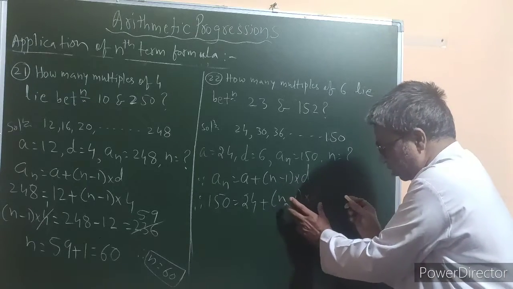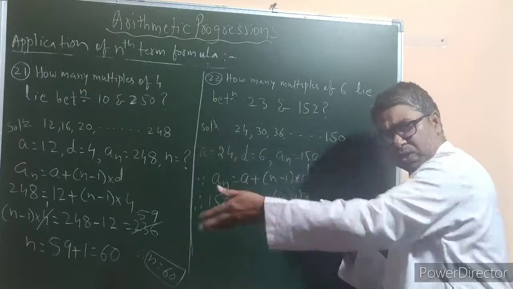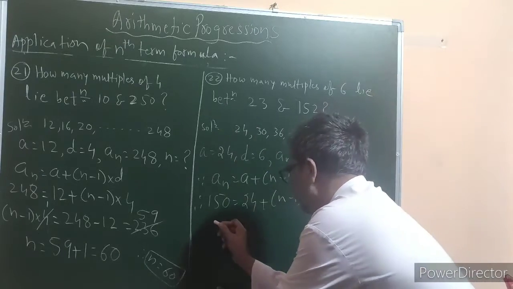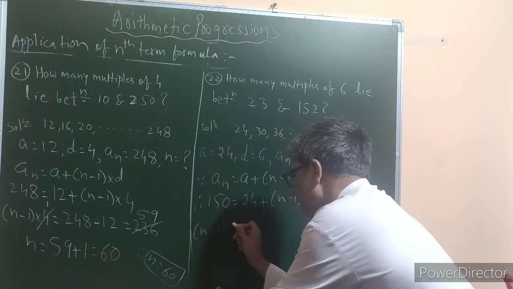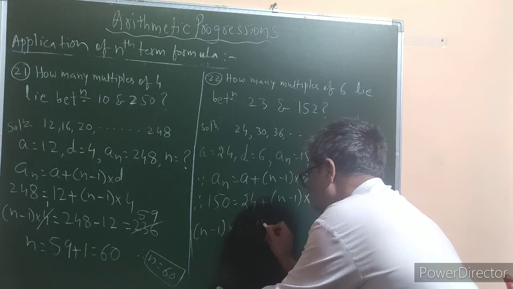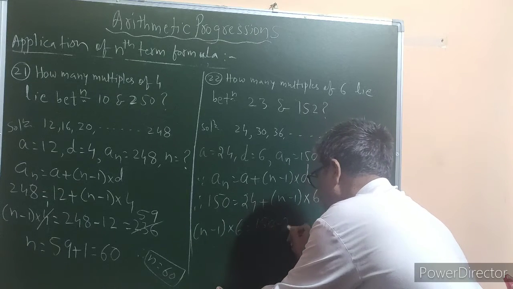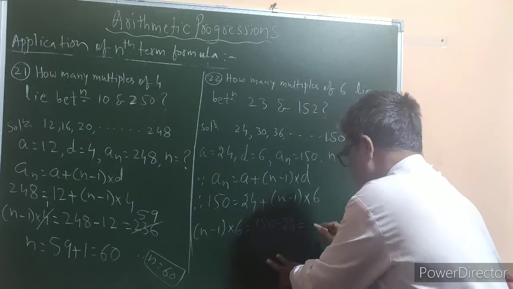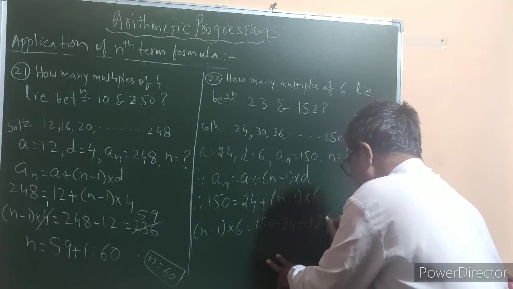n minus 1 into 6, this part should be shifted to the left-hand side, that is n minus 1 multiplied by 6 is equal to 150 minus 24, and this gives us 126.